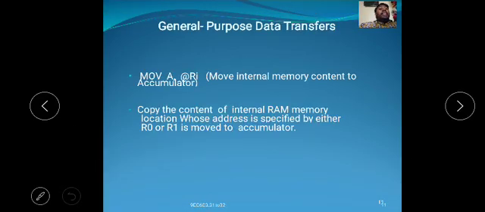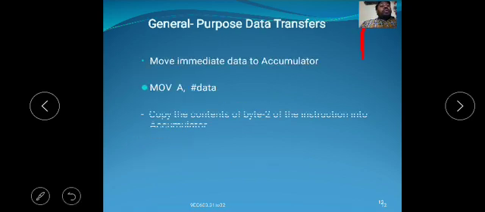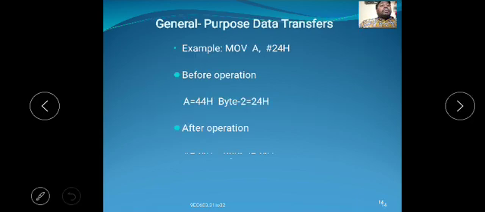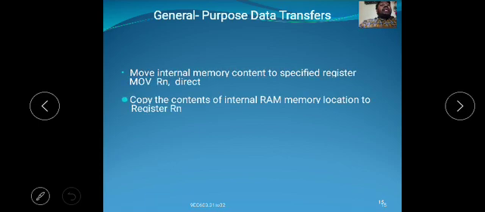MOV A, @Ri: move internal memory content to the accumulator. Move immediate data to accumulator. Move internal memory content to specified register: MOV Rn, direct.